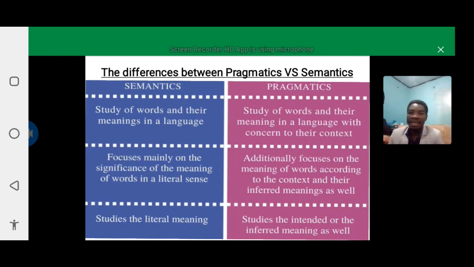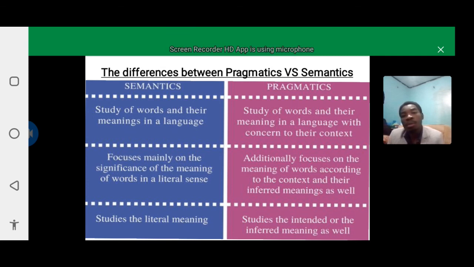Let us see other differences between pragmatics and semantics. Semantics studies words and their meaning in a language, while pragmatics studies words and their meaning in a language with concern to their context.